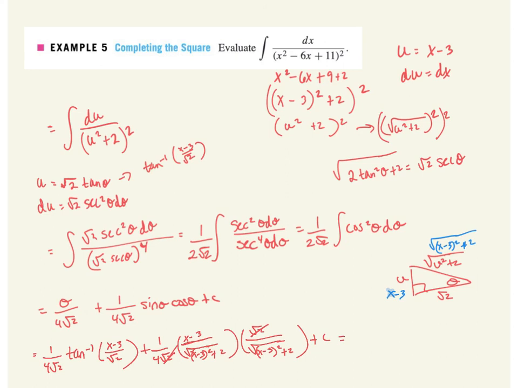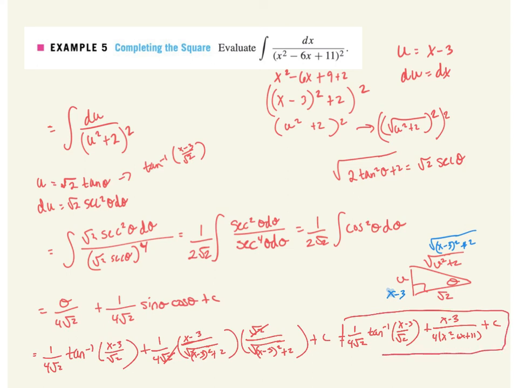So my final answer, 1 over 4 root 2 tan inverse of x minus 3 over root 2 plus x minus 3 is my numerator, 4 times, multiplying these square roots together, the square roots cancel. Remember, we completed the square in the beginning, so it's really just x squared minus 6x plus 11, and then plus c at the end.